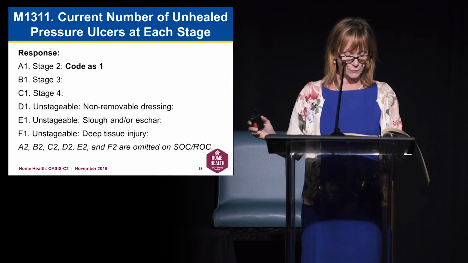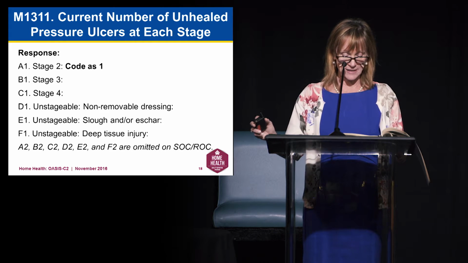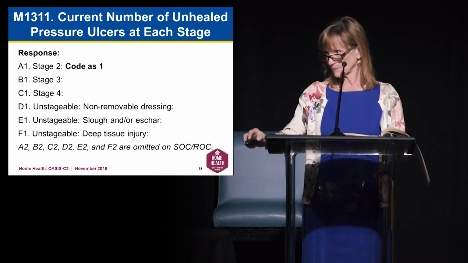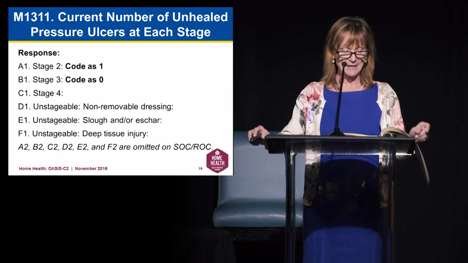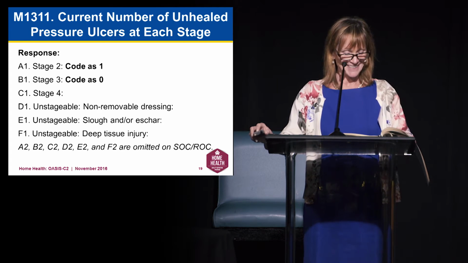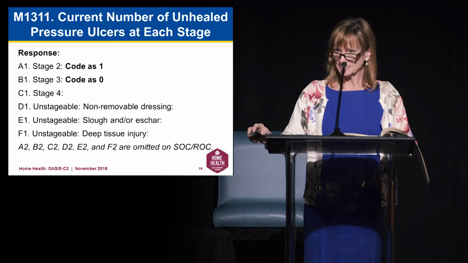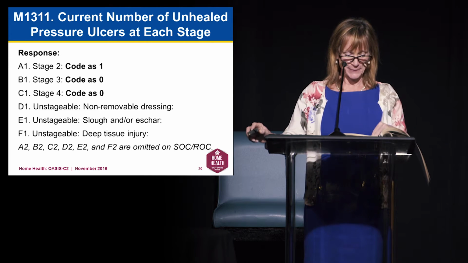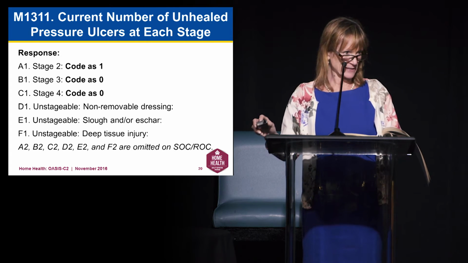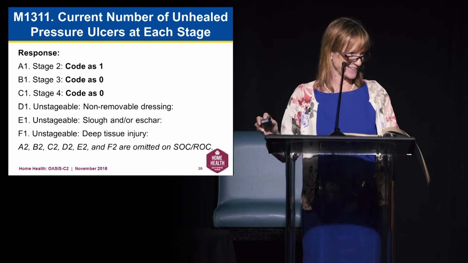So how did your group score B1 for stage 3 pressure ulcers? Excellent, that was 0. And for stage 4? 0. A little easier than the scenarios that Ann Smenard did the other day, right?